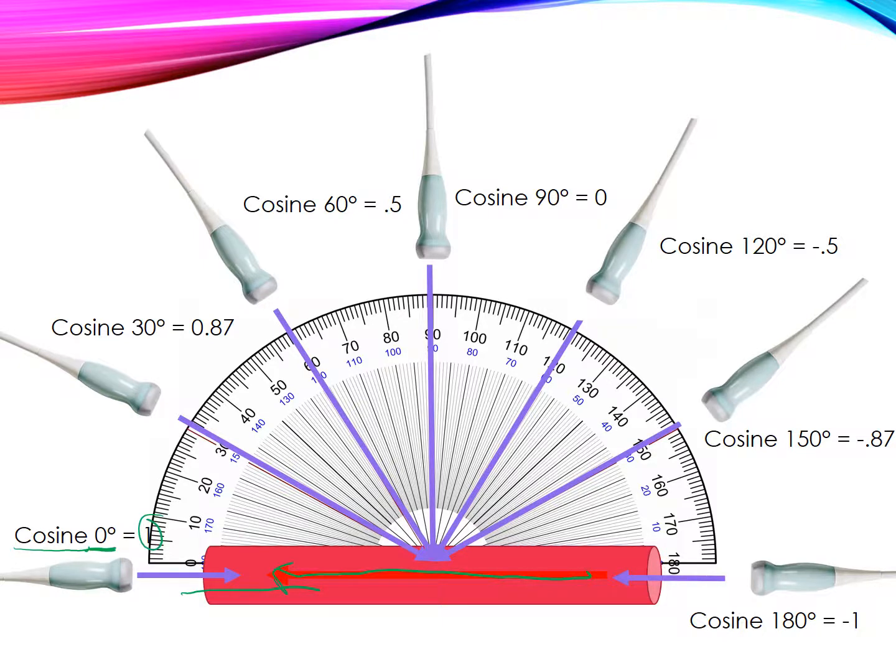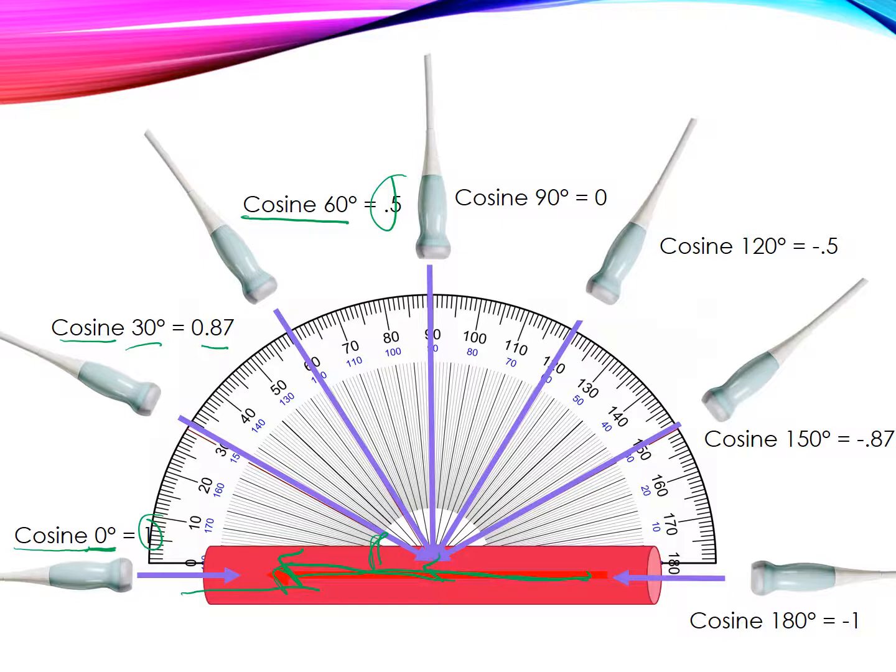As we start to swing up and have to increase our angle here, we can go up to a 30-degree angle. Cosine of 30 equals that 0.87. This is still a positive shift because it's moving towards our transducer. As we switch to our cosine of 60 degrees, we get 0.5. Again, blood is still moving towards our transducer, so we stay in that positive 0.5 number.